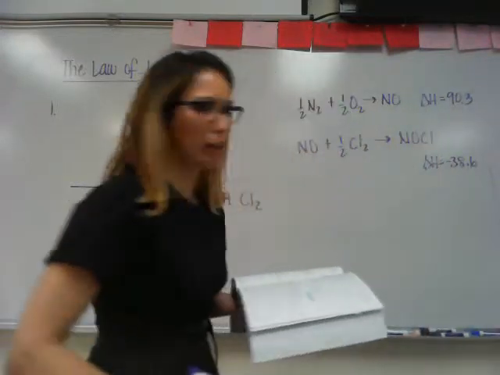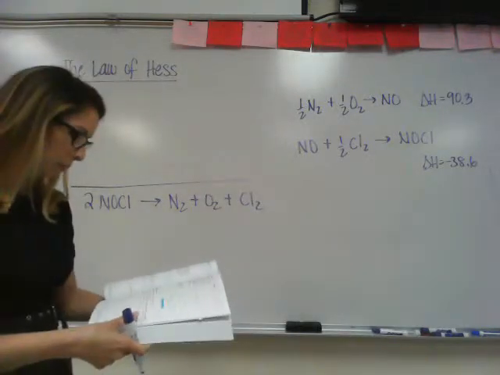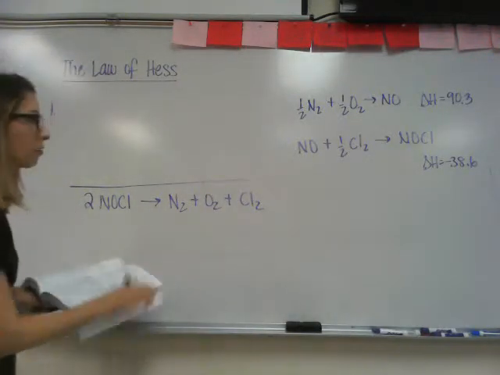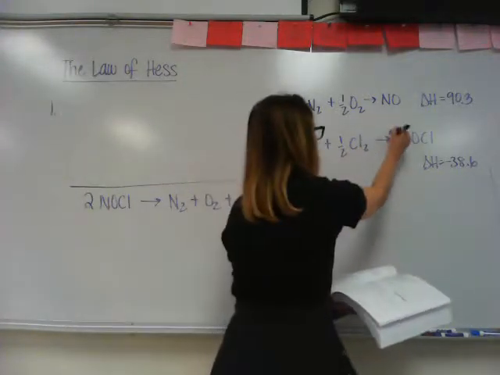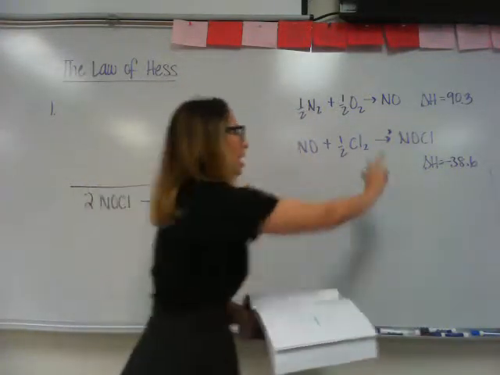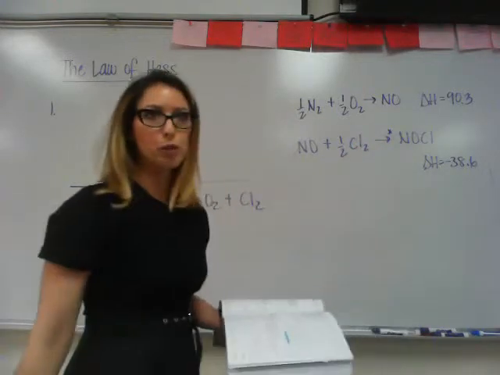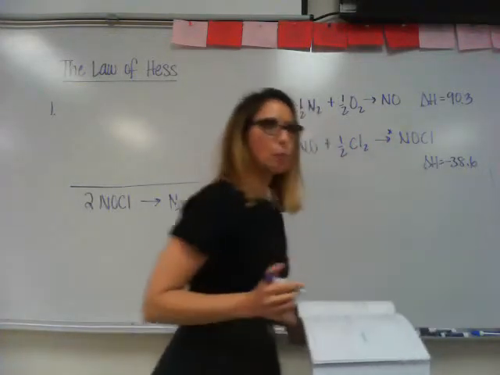Okay, I'm leaving a few things out just for simplicity purposes. So since we want to have NOCl on the reactant side, and this reaction has NOCl on the product side, I'm going to flip this around. I'm going to reverse it, which means that's going to make my delta H positive.